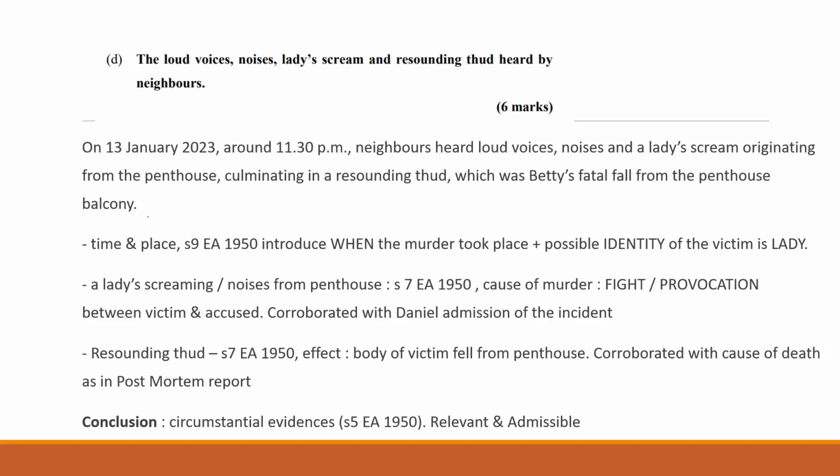So you have to use this one more step. You have to corroborate this piece of evidence with Daniel's admission of that particular fight. So it shows the examiner that, wow, you are really smart. This prosecution, I mean DPP, sure win one. I mean, you know how to tally with the facts, with the questions that are given to you.